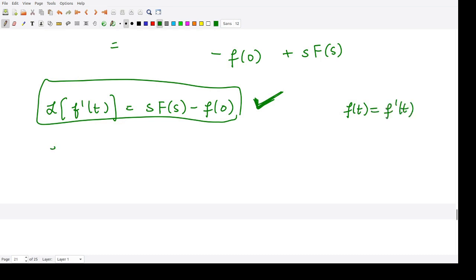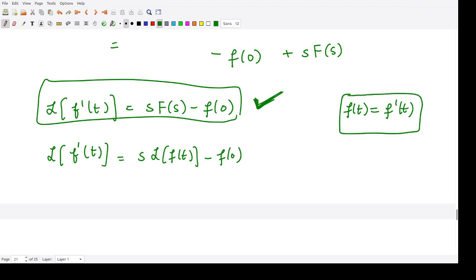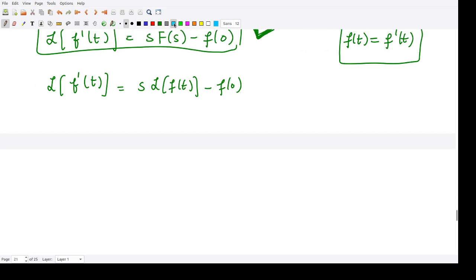In that case, the Laplace transform of this second derivative would be equivalent to s into F of s, where F of s is the Laplace transform of f of t, minus f of 0. So if I replace f of t with f dash t, see carefully what do I get.